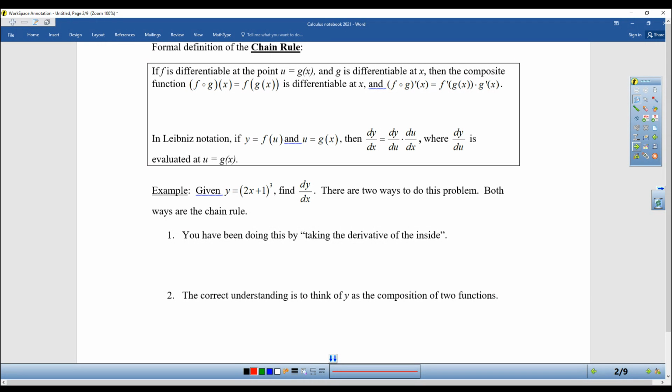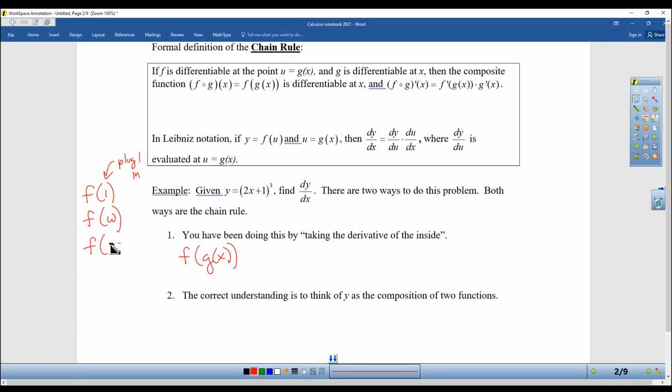So Newton's way, taking the derivative of the inside. So you guys probably prefer, because I've taught you to prefer, this method of writing a composition of functions. I really like it. When somebody says to me f of 1, I know that that means plug 1 in. When I see f of w, I know that means to plug w in.